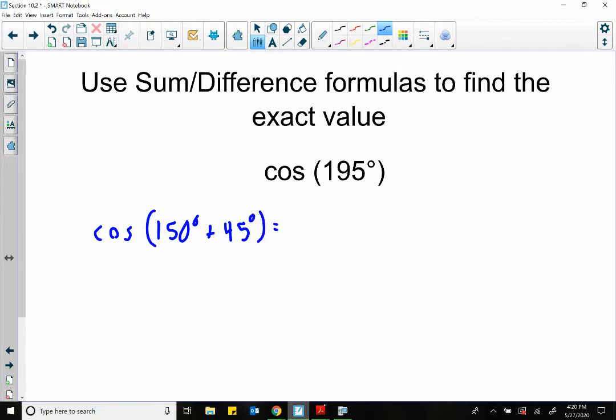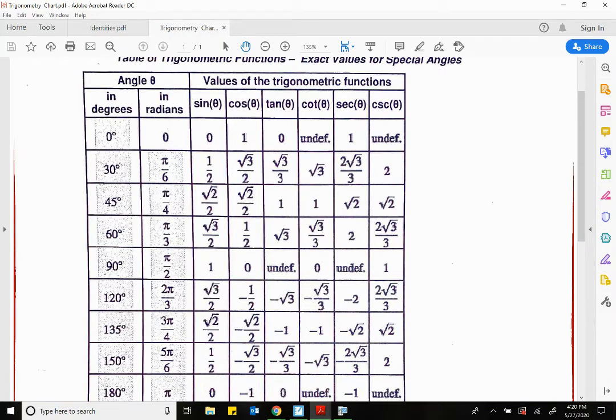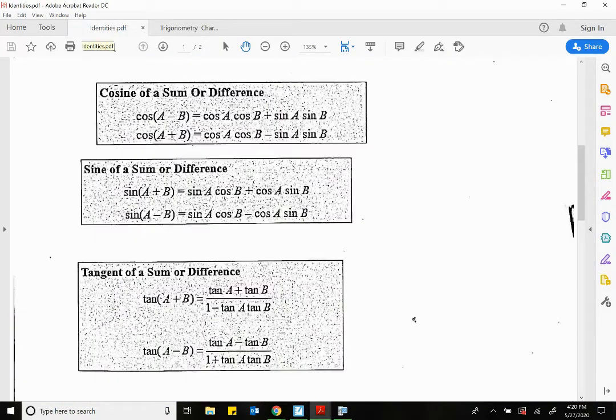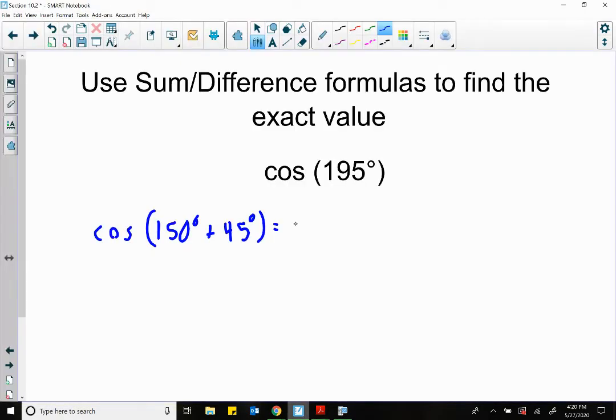So we're going to look at the cosine formula this time. So it says cosine, and we're adding. So we'll take cosine A, cosine B, subtract it from sine A, sine B. All right, easy peasy. We can do that. So we're going to have cosine. Again, it's always in order. This is A, this is B. Cosine 150 degrees times cosine 45 degrees.